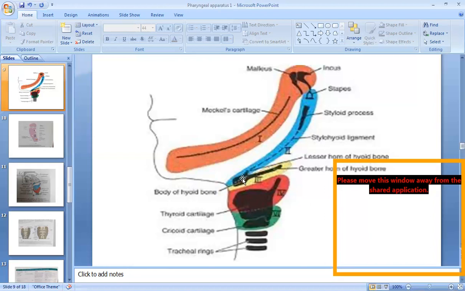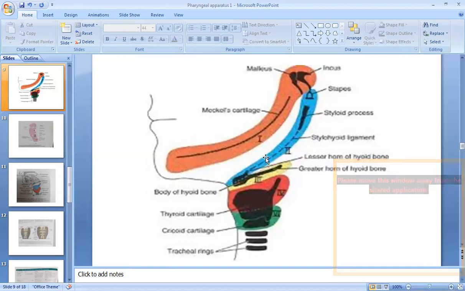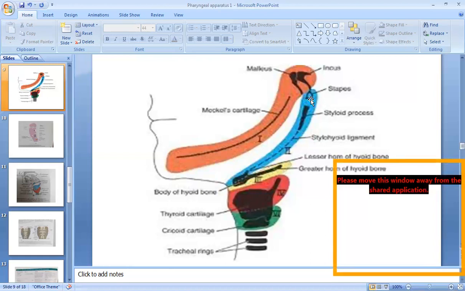These are ossified and they form the hyoid bone. If you go back like this, it will give rise to the stylohyoid ligament as well, in the styloid process. And if you go back to the middle ear cavity, the third bone, which is called the stapes, is formed by the second pharyngeal arch.